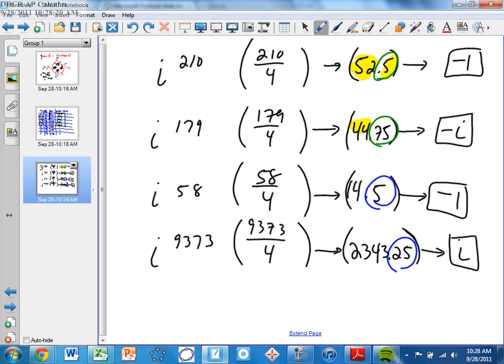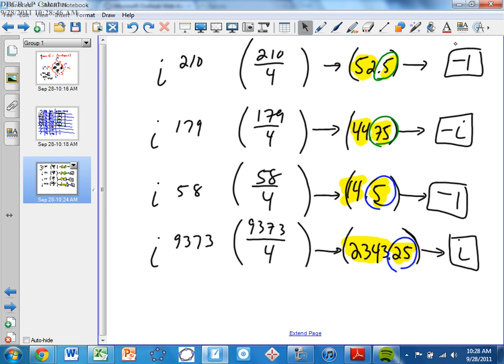You loop around the i wheel 44 times, you go 3/4 of the way around it, you get to -i. You loop around 14 times, you go halfway around it, you get to -1. You loop around 2,343 times, go another quarter of a turn, you get to just i. So that's what these components are telling you: the number of loops, and then the portion of the turn that you make after that.